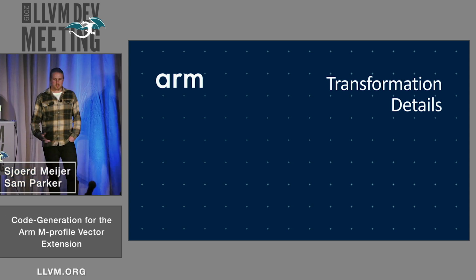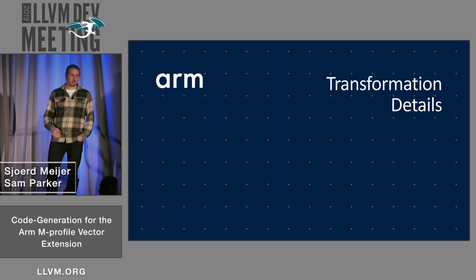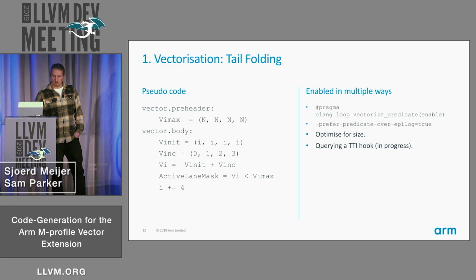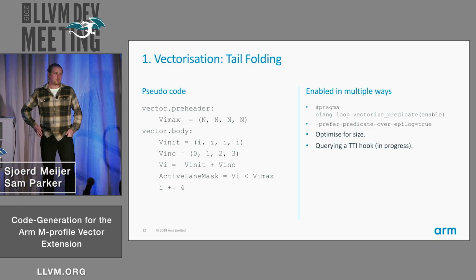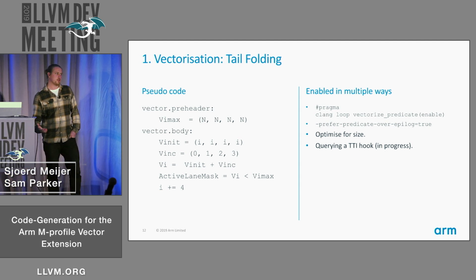Yeah, so I just want to use the second half to talk about the details of those stages. So we've got 4 stages to go through, and I just want to show you the code and how it is transformed. So the first step is vectorization. We need the vectorizer to do its magic. Obviously, it's going to vectorize, but we also want it to do the tail folding.